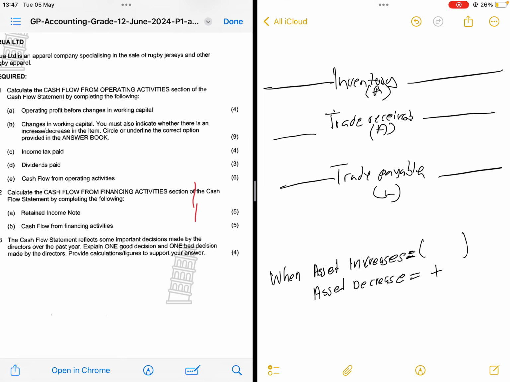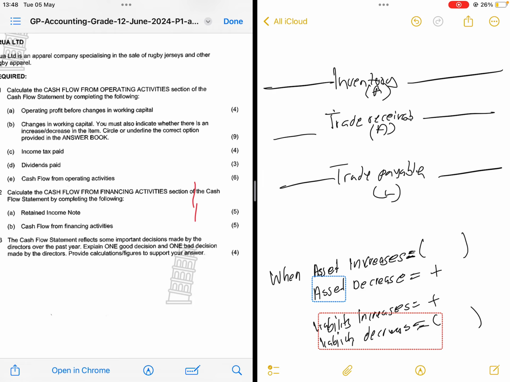Therefore, when a liability increases, it will be the opposite of an asset. It will be inflow. Then when the liability decreases, the effect will be outflow. Based on this.